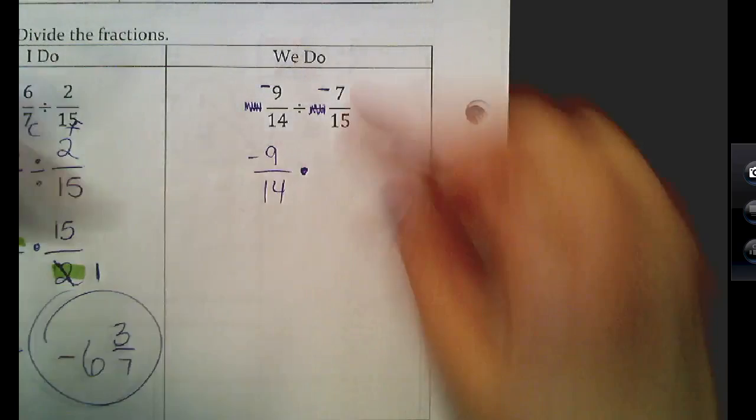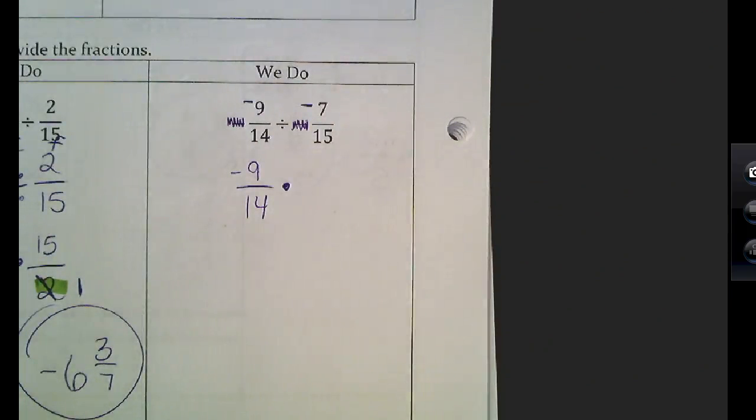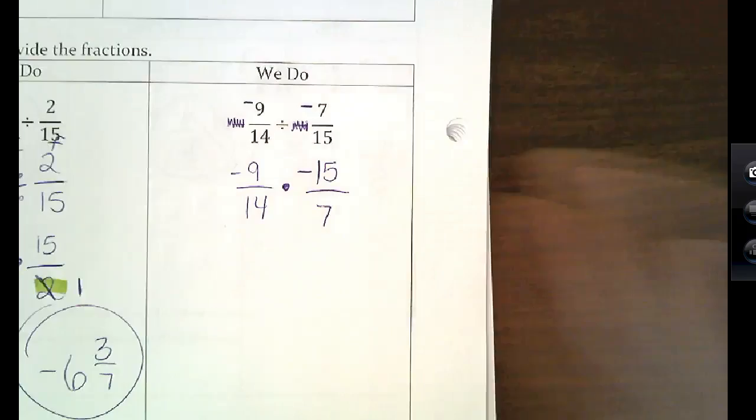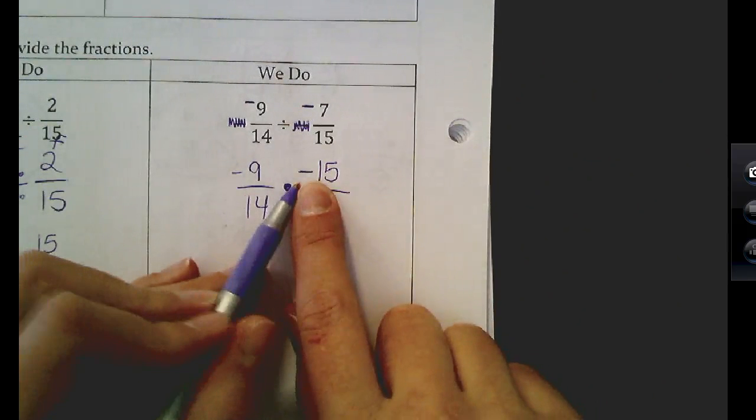When you go to flip this second fraction, I actually personally prefer to leave the negative in the numerator. So you can leave the negative right where it is. Just flip the 15 and the 7, because I always like my negative to be in the numerator anyways. So let's flip those around. So we're keeping the negative in the numerator.